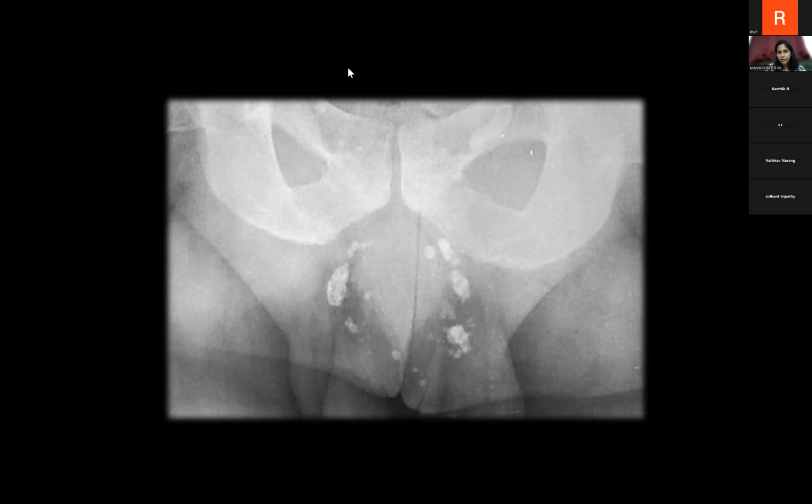Rim sign is for what? Yes, Vrinda, correct. Comet tail sign is for phlebolith on CT. And for ureteric calculus? Yes, soft tissue rim sign. Soft tissue rim sign for ureteric calculus. And who said this? Vrinda only again. Very good. So soft tissue rim sign is for ureteric calculus, and for phlebolith it is comet tail sign.